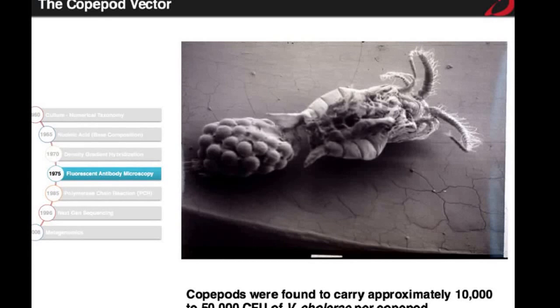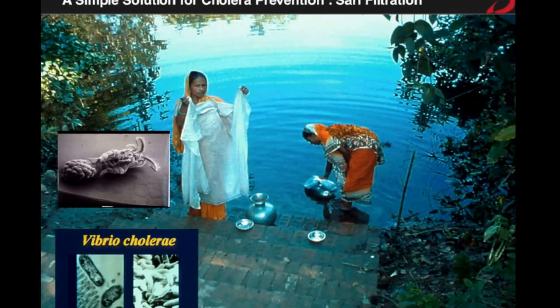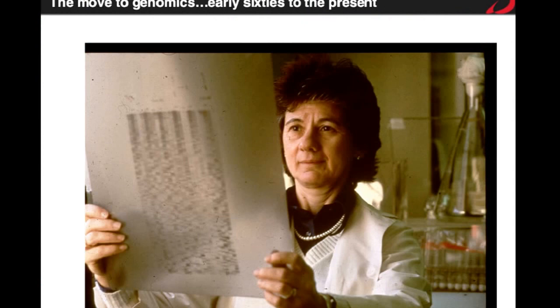If ingested, particularly during a time of copepod abundance in the spring and fall, you get enough of an infectious dose to cause cases of cholera. Because I'm a very pragmatic person, we found a quick and easy solution to prevent cholera: simply filtering the water very crudely using Sari cloth, and that allowed us to reduce cholera by 50%. So I am keenly interested in the application.